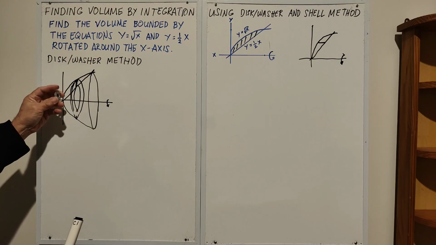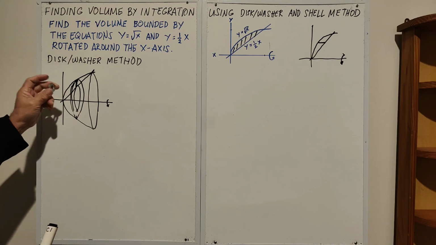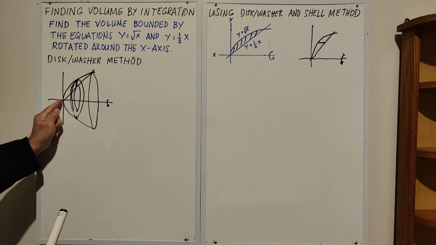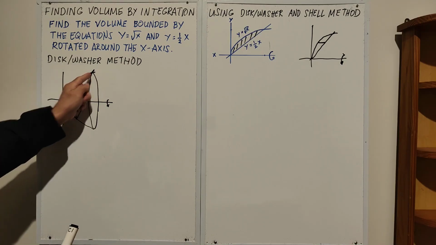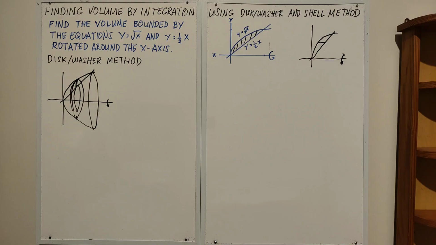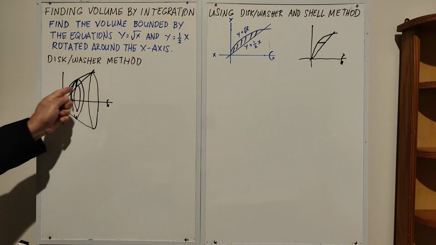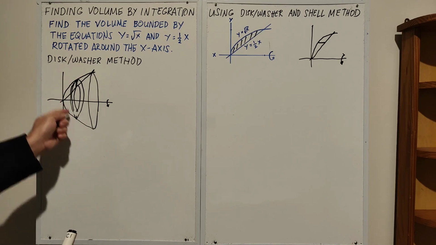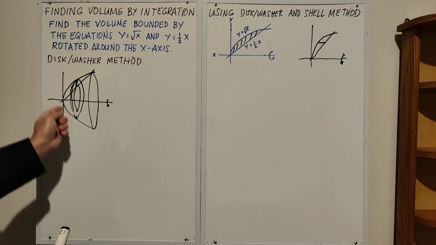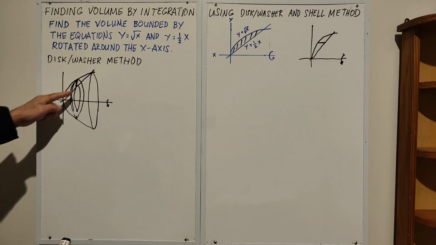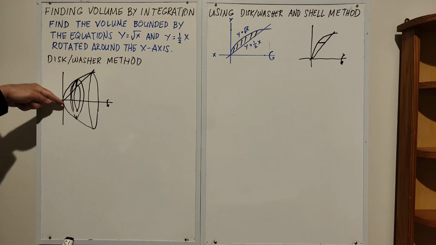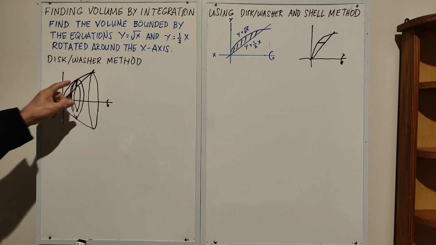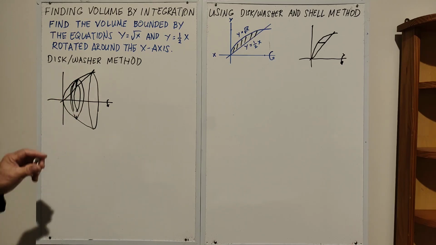We want to get the volume of this washer and then integrate it from here up to the end point, to the point of intersection, so we can have the volume. It's like a bullet, and then it has a hole that is funnel shaped, triangular shaped. So that will be your volume.